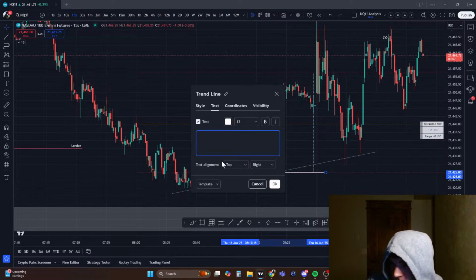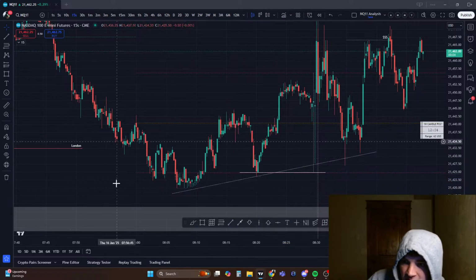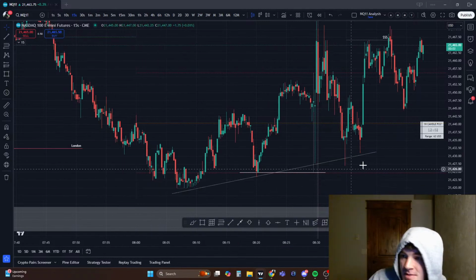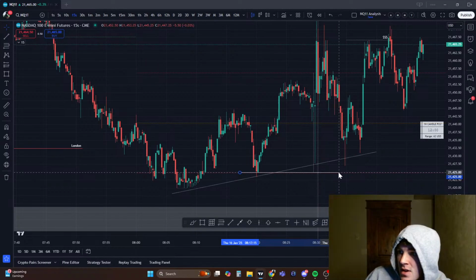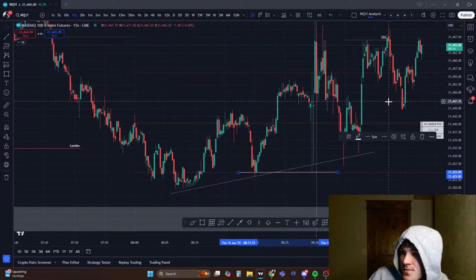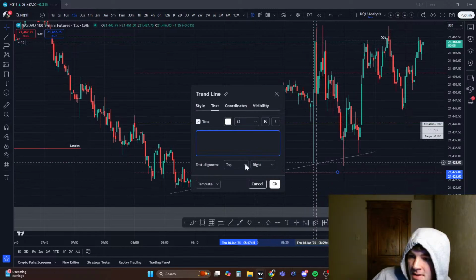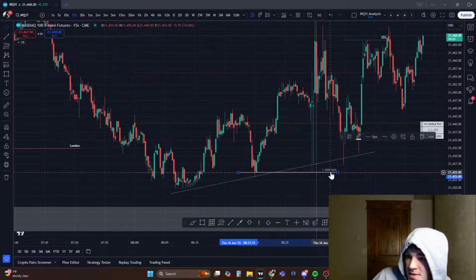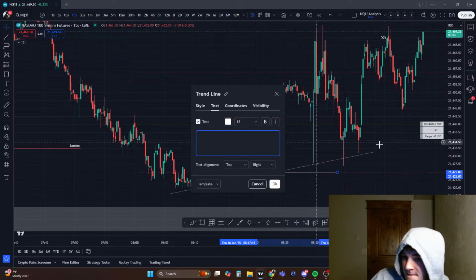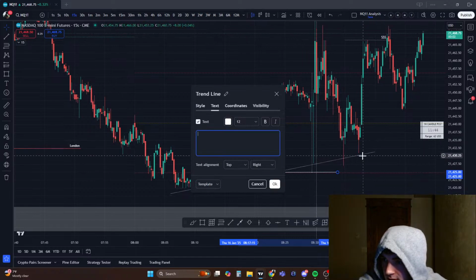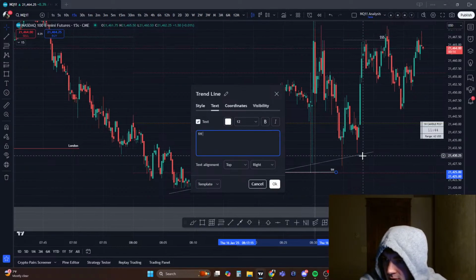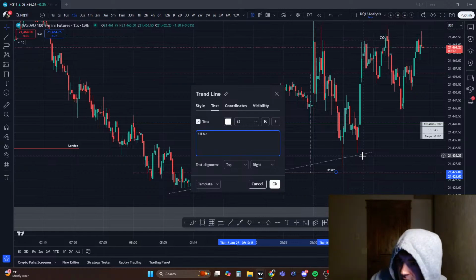So maybe we'll take out the data high first, especially because we did sweep London. So once again, though, it's not like light bulb with the LRLR below. I'm not taking anything personally. So this is the 1 hour M plus.